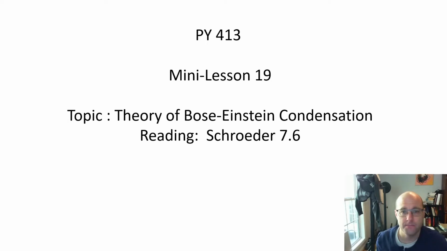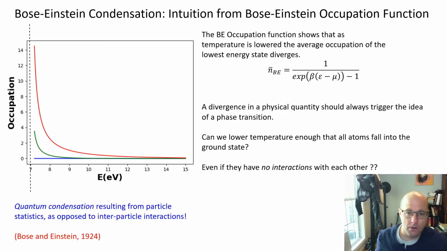Let's see now. So we'll just start with this intuitive review that we've looked at now several times. This is the same slide from last time, where we point out this observation about the Bose-Einstein occupation function: if you plot this function for fixed chemical potential at different values of temperature appearing in the factor beta, you see that there's a pileup of occupation at lower and lower energies, closer and closer to the chemical potential.